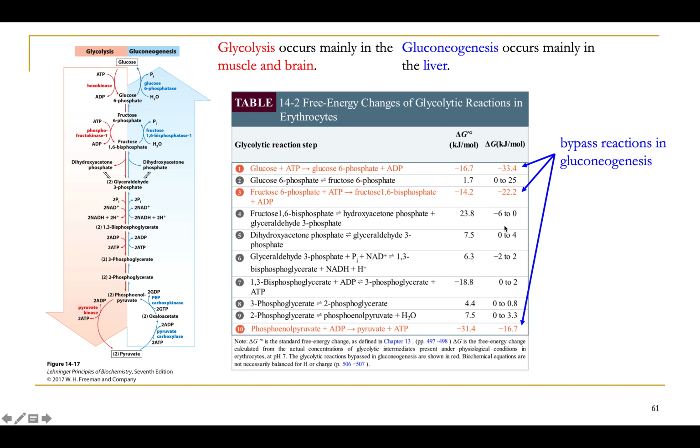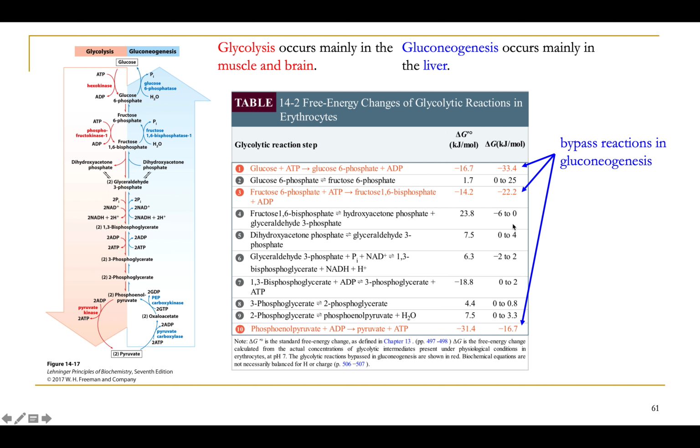If we would measure free energy of different steps of glycolysis, energy drop, then we would see that 7 out of 10 steps have energy drop around 0. They are fully reversible. And in fact, these steps are shared between glycolysis and gluconeogenesis.